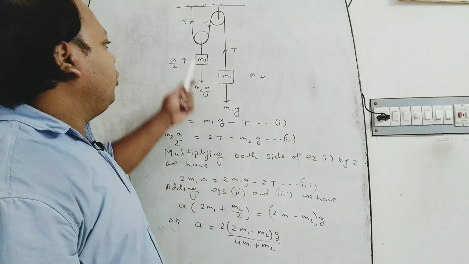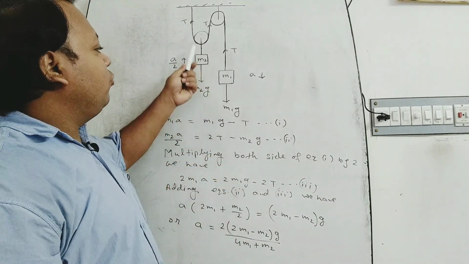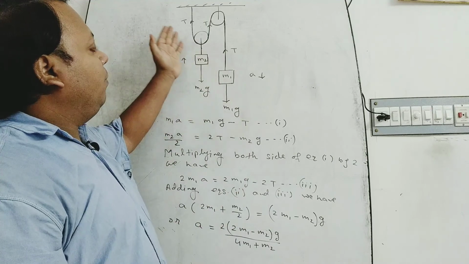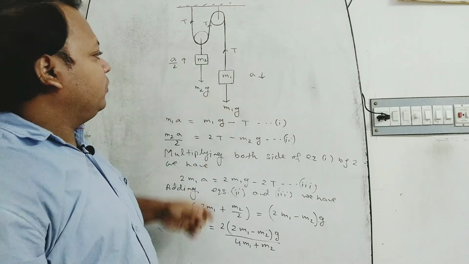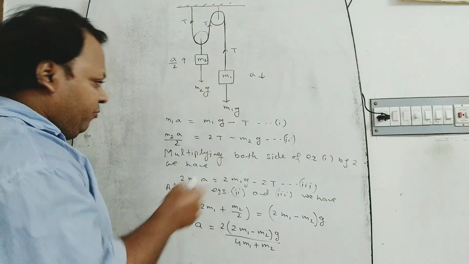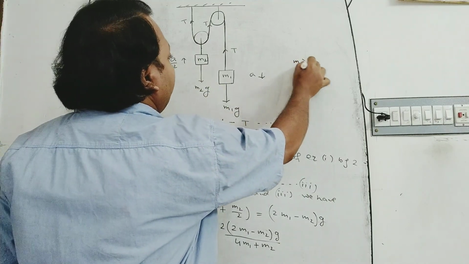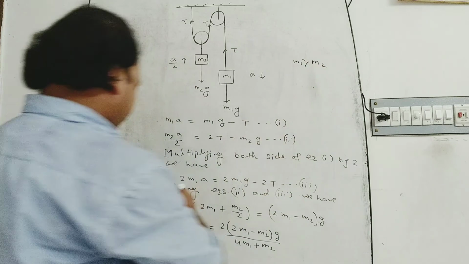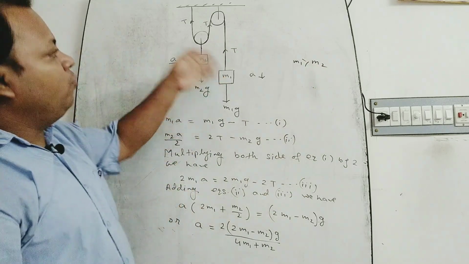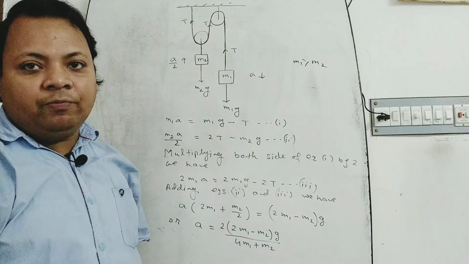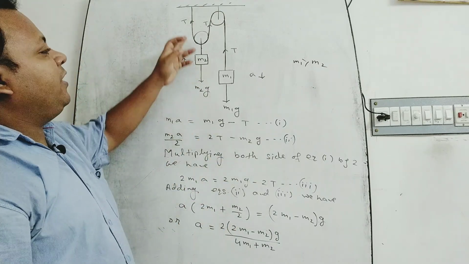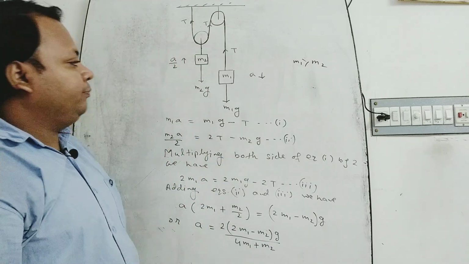Here two bodies m1 and m2 are suspended by strings in a vertical plane. Here m1 is greater than m2, and m1 is attached with a fixed frictionless pulley and m2 is attached with a movable pulley.